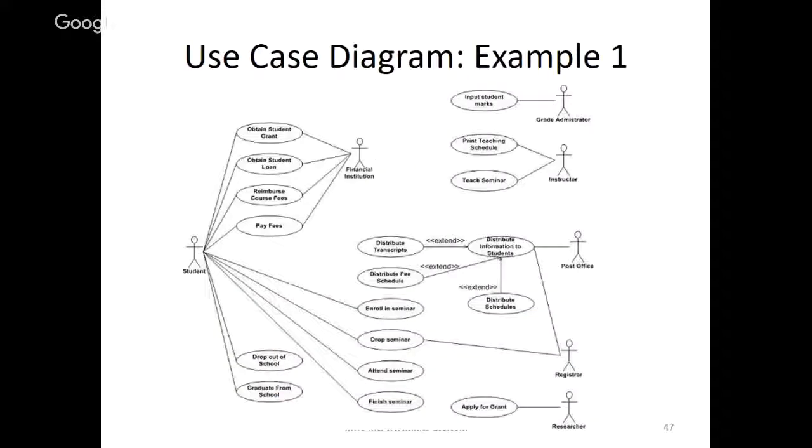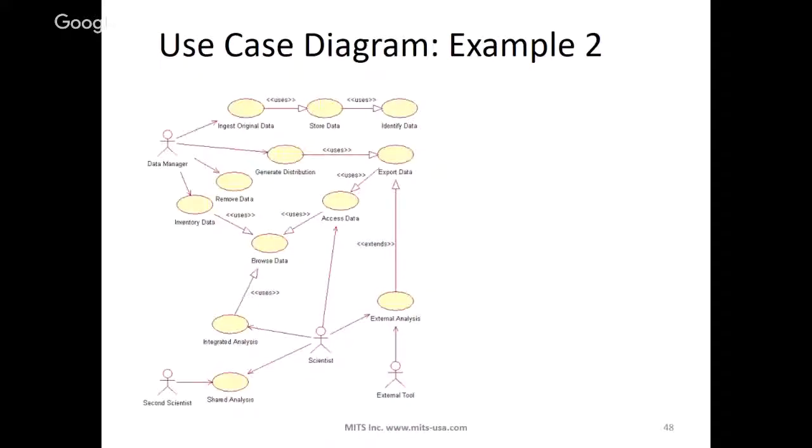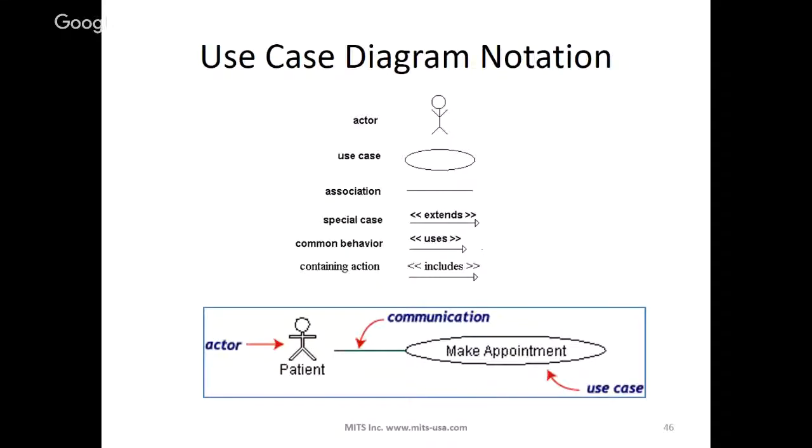Includes. Includes, we don't have an example on here, but includes would be more of a container aggregation type perspective instead of a general service. Here, uses means that browse data is a general service useful in a lot of different contexts. If it was more of a container type relationship, then you'd be using includes.